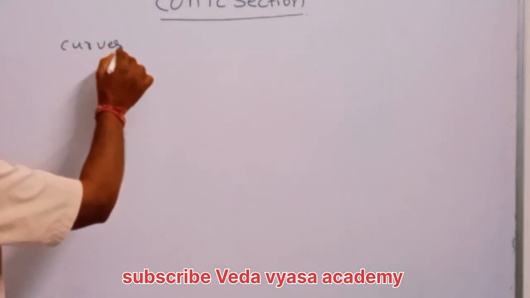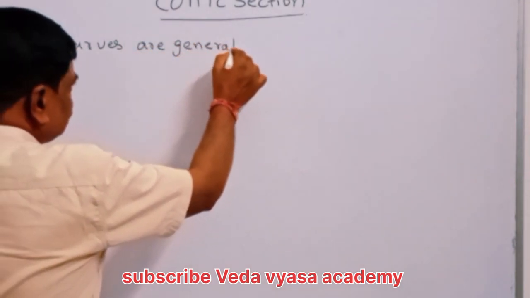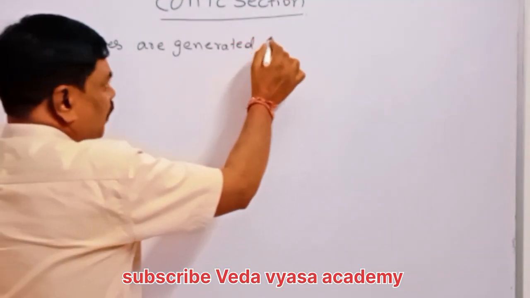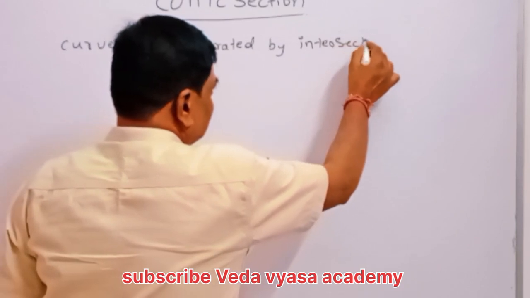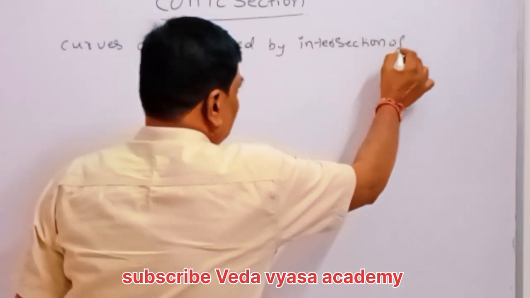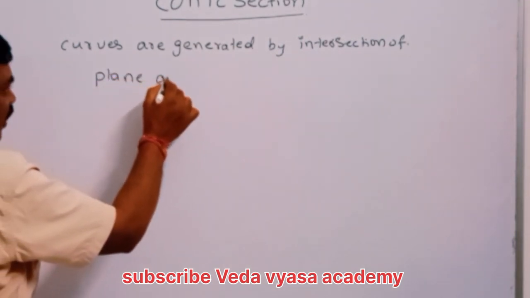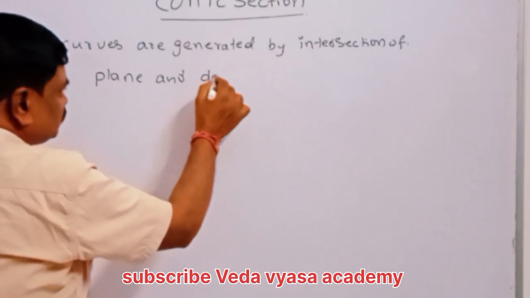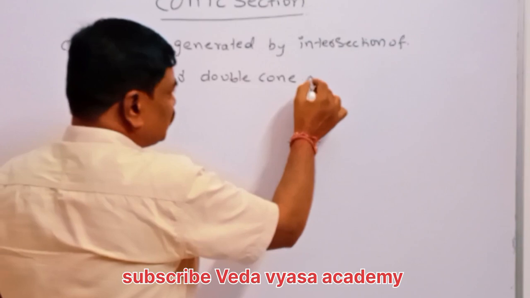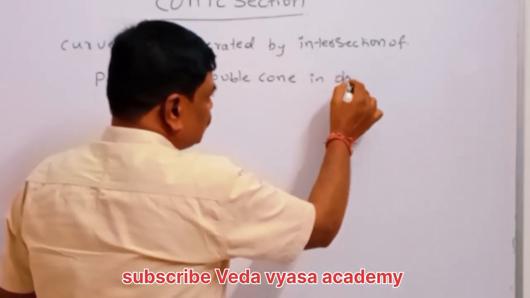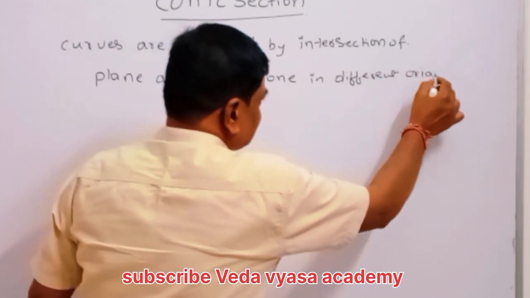curves are generated by intersection of a plane and a double cone, in different orientations.